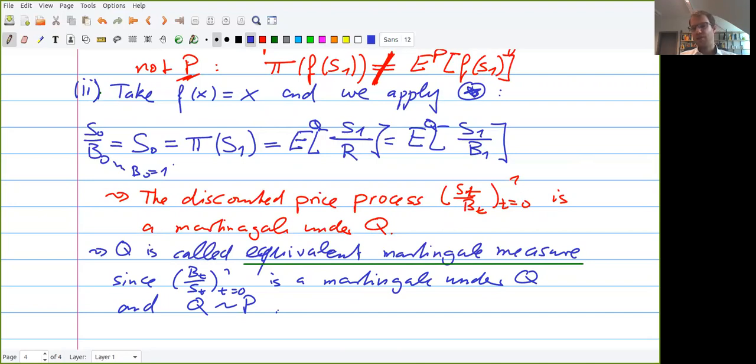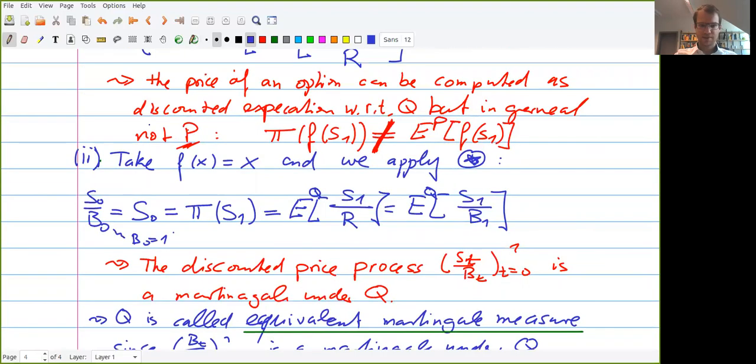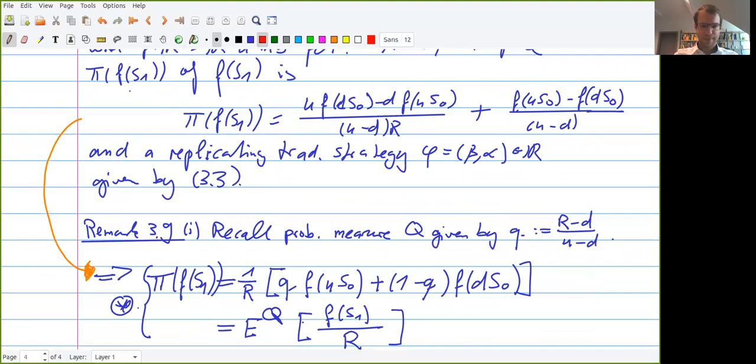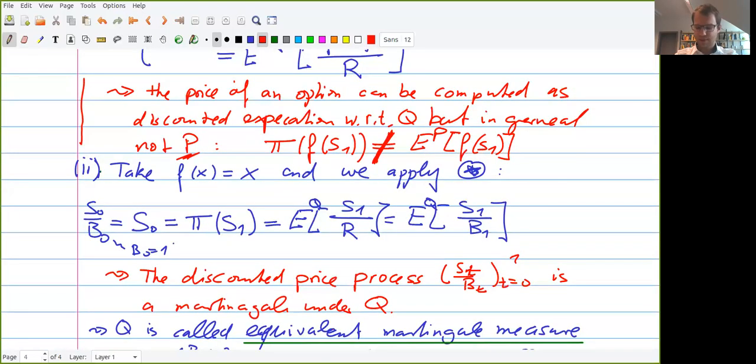Since Q and P here both assign the elements U and D positive probabilities, the null sets are the same. All right. So these are the two take-home messages from today. Here, this is the first one, and this is the second one.